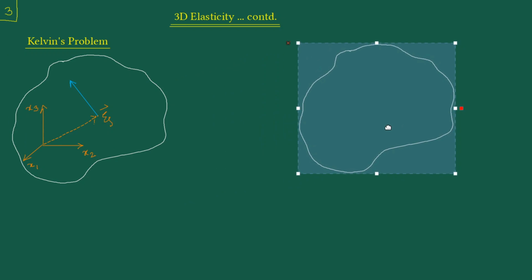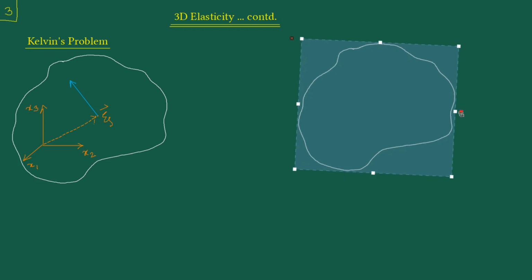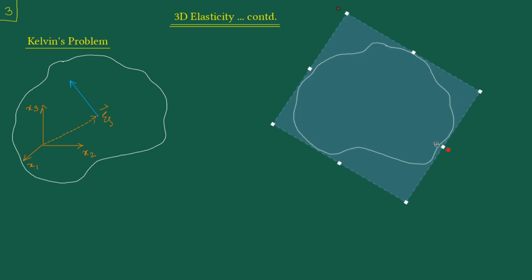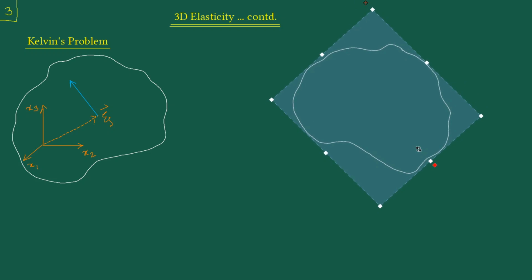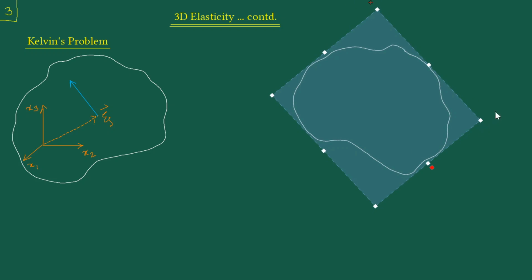but now we think of, let me see if I can rotate this thing. What I'm saying is, suppose I look at it in a slightly rotated fashion such that this blue colored arrow is now vertical.